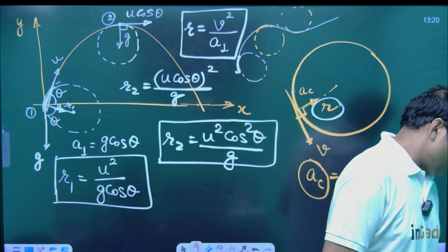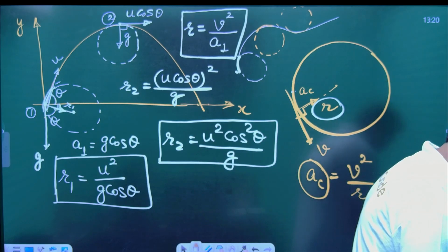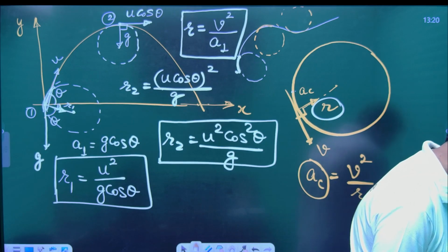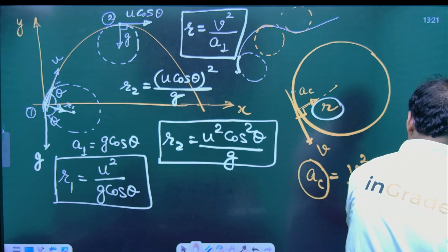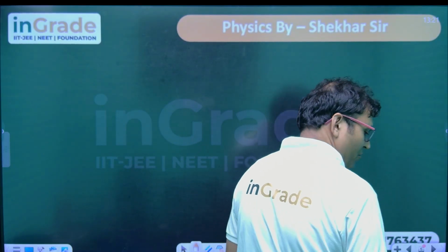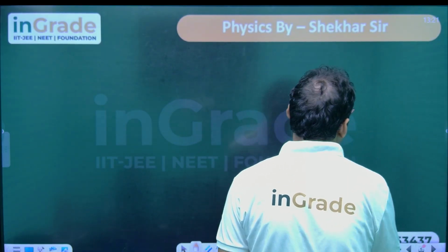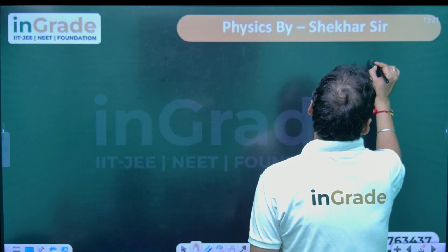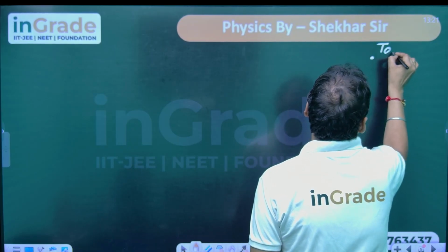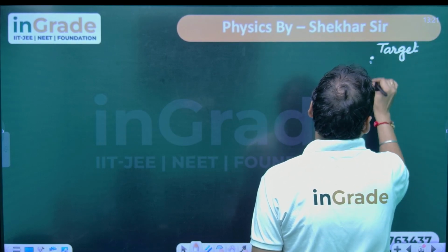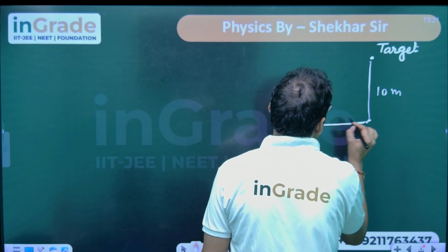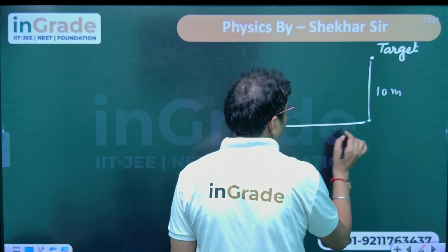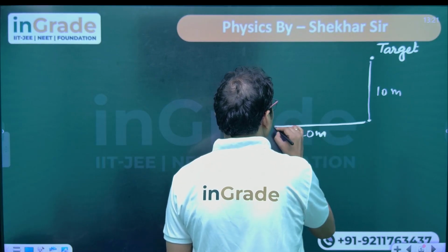Right? So let us solve one question based on this. The question says, find the angle of projection when there is a target. This is the target, let us say. We want to hit this target, which is at a height of 10 meter and at a distance of 20 meter from the point of projection.